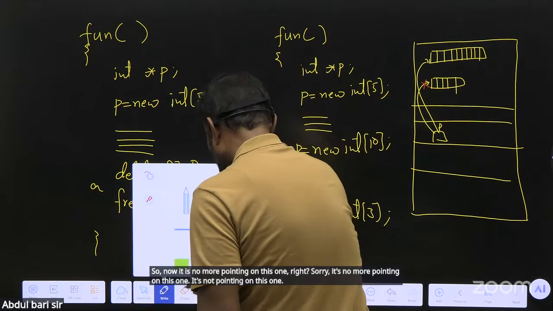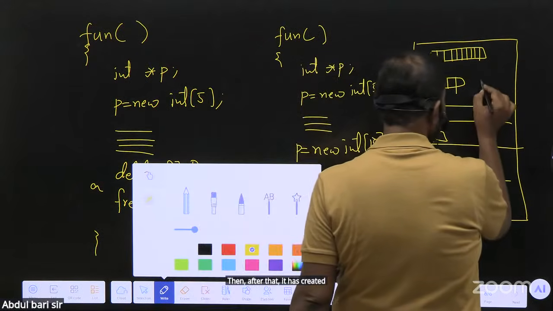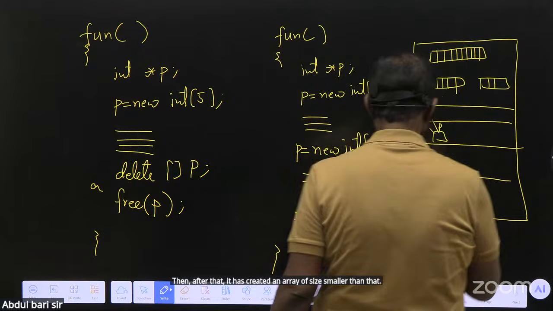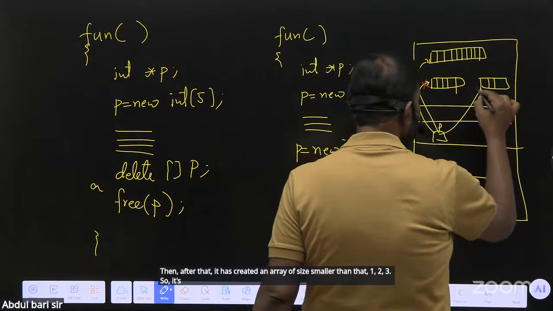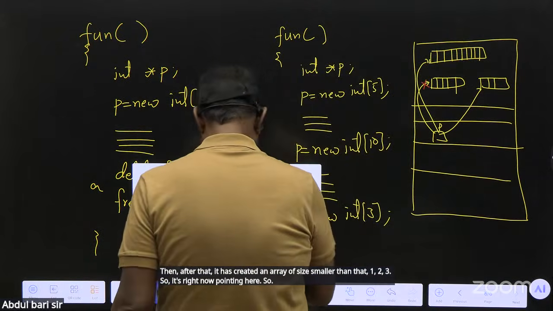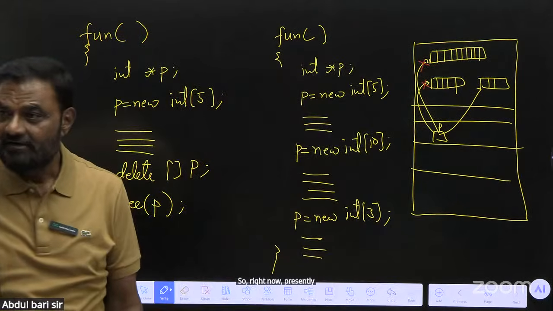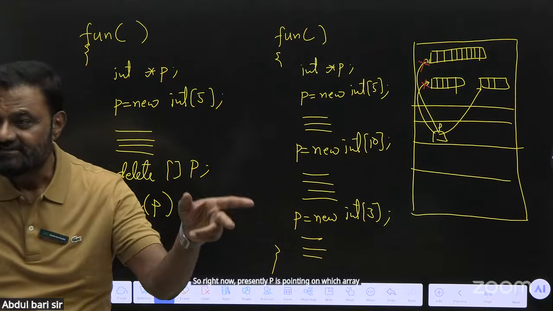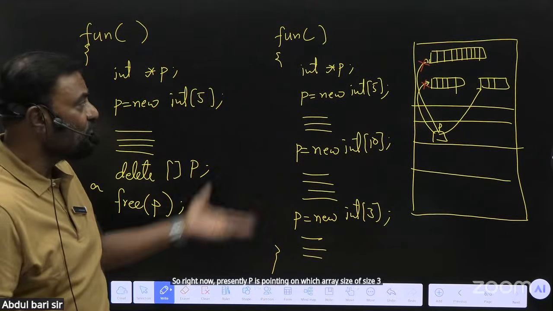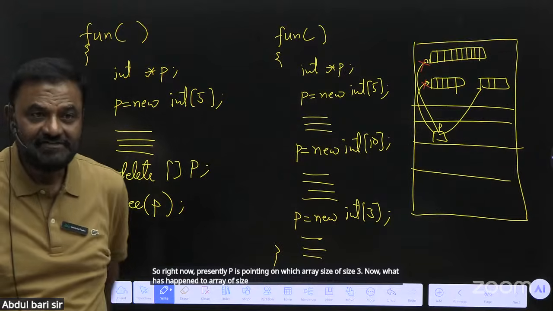Then after that, it has created an array of a size smaller than that, 1, 2, 3. So it's right now pointing here, and it's no more pointing here. So presently, p is pointing on the array of size 3. Now, what has happened to the array of size 5 and the array of size 10?